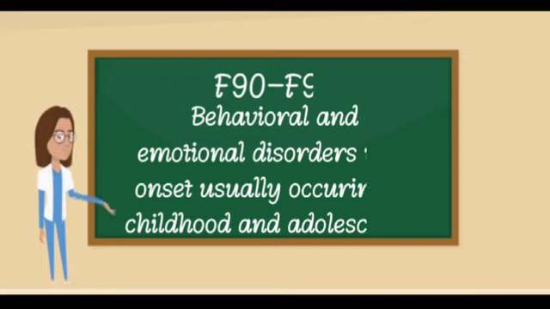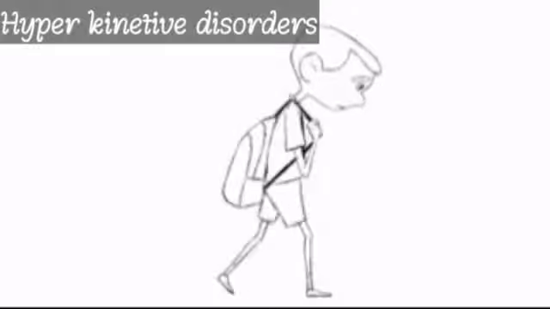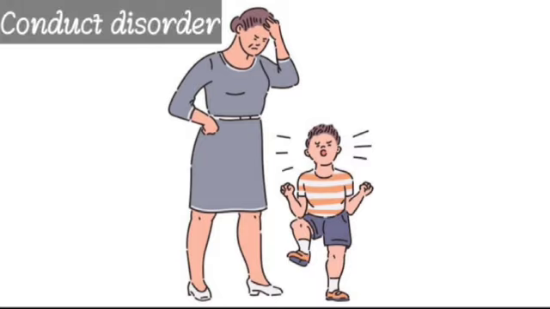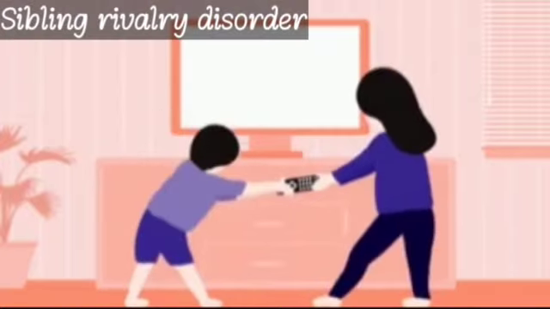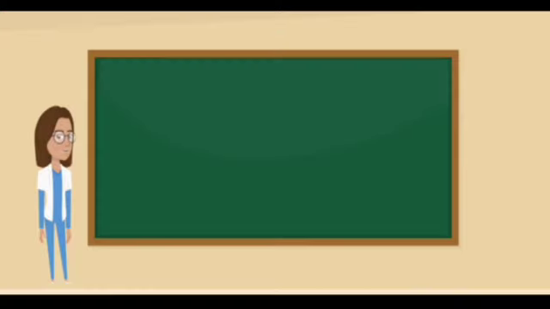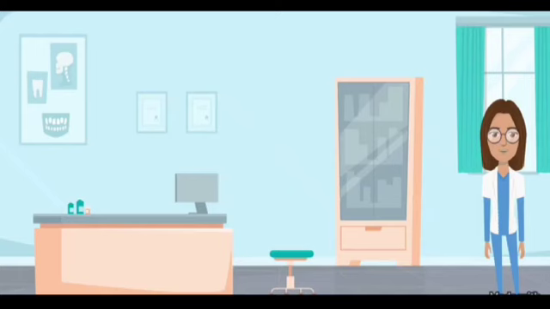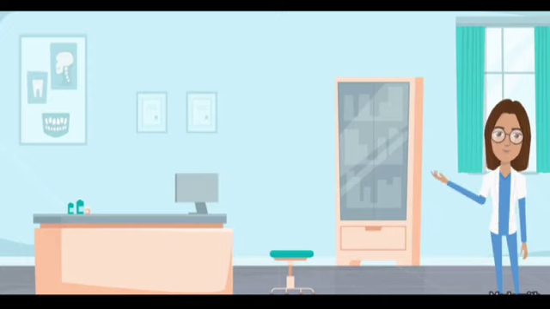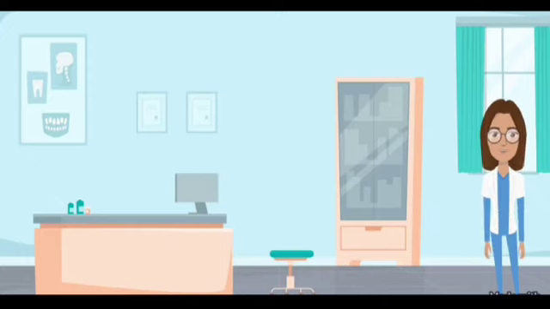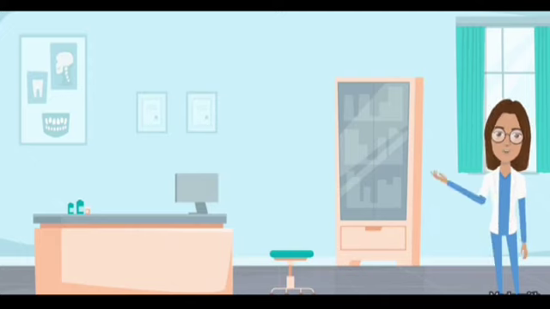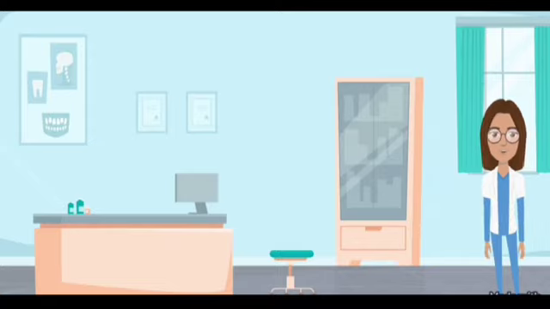In this, there can be hyperkinetic disorders, conduct disorder, sibling rivalry disorder. Then the last one in ICD-10 is F99, unspecified mental disorders. So this is the classification given by ICD-10 from F00 to F99.